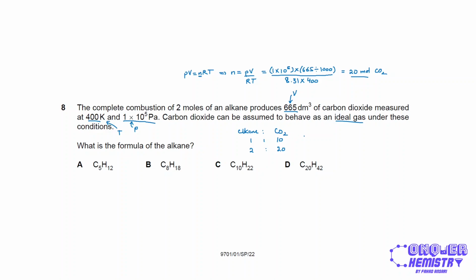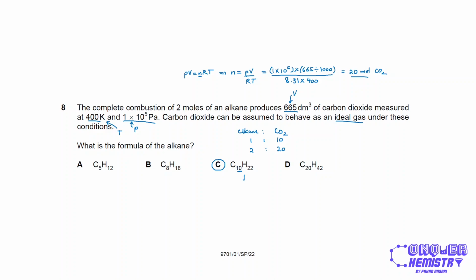And remember that all the carbon in the alkane forms CO2, right? So as a result, this alkane will contain 10 carbon atoms, and so we have option C, decane, which is the alkane that we're looking for, which contains 10 carbon atoms.